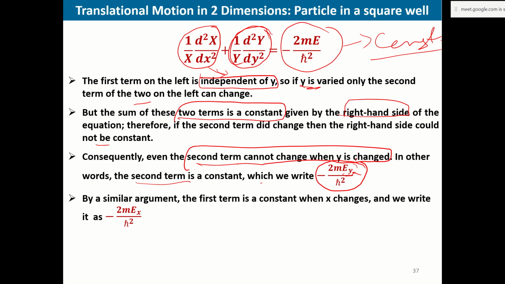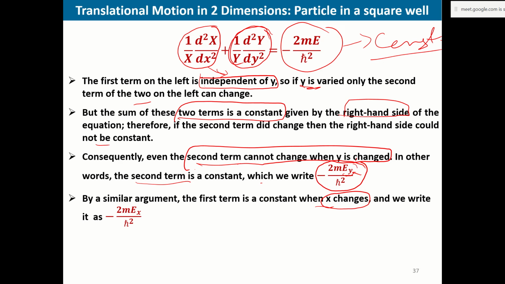By a similar argument, assuming that we are changing the x variable and arguing in a similar fashion, we reach the same condition. Suppose x is being varied, then only the first term will change and the second term remains constant.